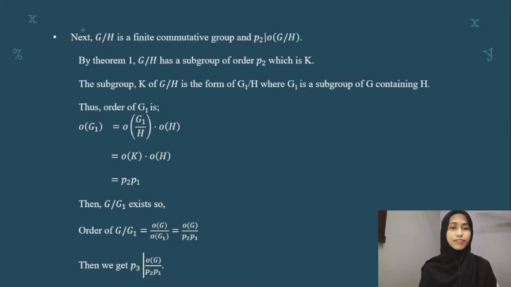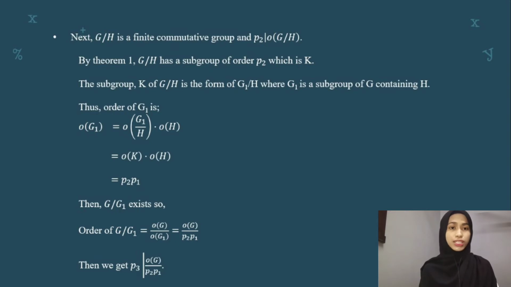Next, G over H is a finite commutative group and P2 divides order of G over H. By theorem 1, we know that G over H has a subgroup of order P2, which is K. The subgroup K of G over H is in the form of G1 over H, where G1 is a subgroup of G containing H. Thus the order of G1 is order of G1 over H multiplied with order of H. G1 over H is K, so we get order of K multiplied with order of H. We know that K has order P2 while H has order P1, so the order of G1 is equal to P2 P1.